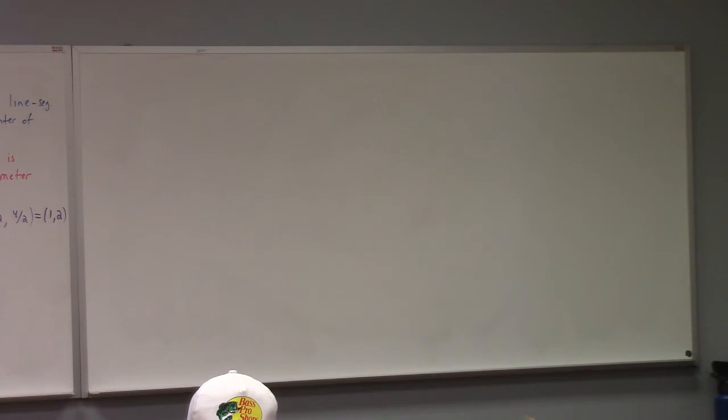So some easy points you could get on the circle: if I go 5 units over, I'm at 8, 4. If I go 5 units this way, I'm at -2, 4. The north pole of the circle, 5 units up, is 3, 9.